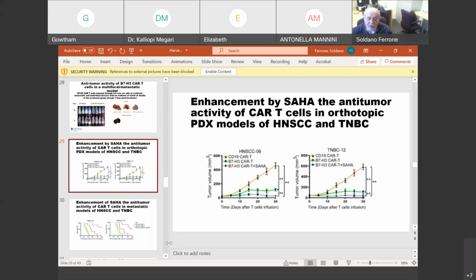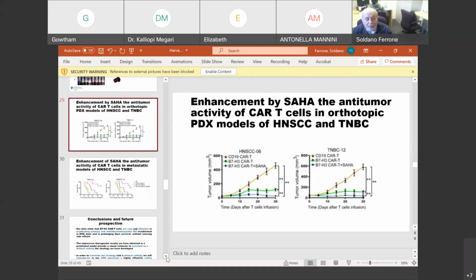And so as shown in this slide, the CAR T cells, which have been treated with SAR, appear to be more effective than the cells which have not been treated with SAR in controlling the growth of the tumor.